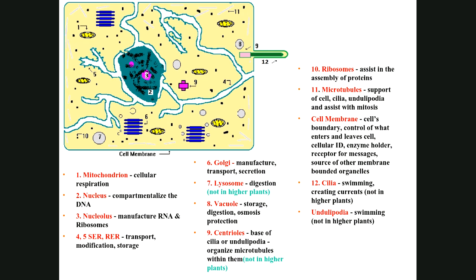Next one are the centrioles. They look like a little cross in the middle of the cell there, number 9. The centrioles are basically also degenerated bacteria. What they do is they live inside the cell, and they can manufacture something that certain types of bacteria do, but we're not.